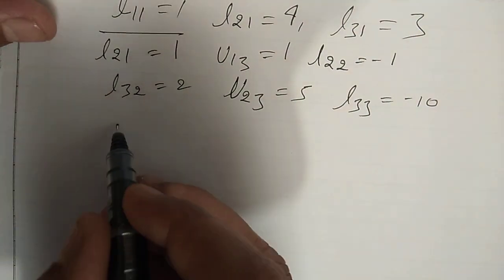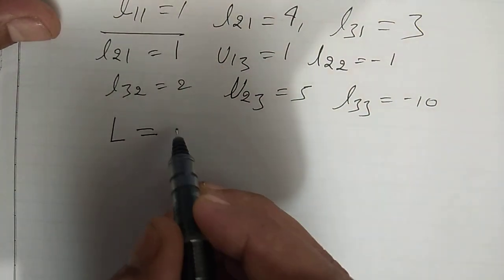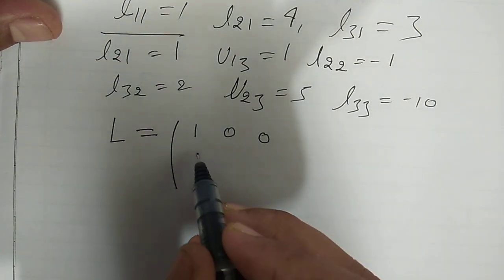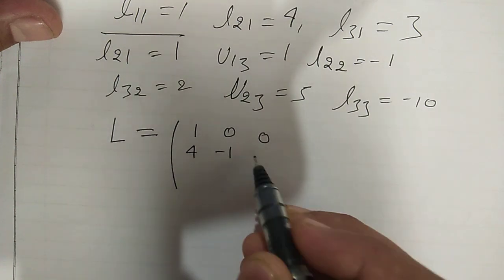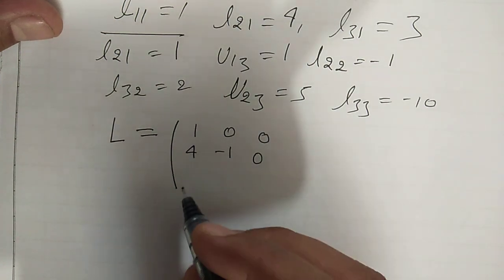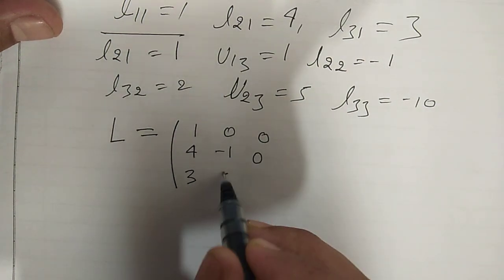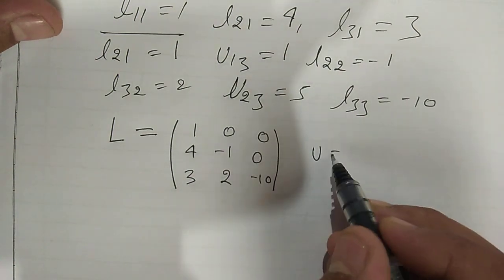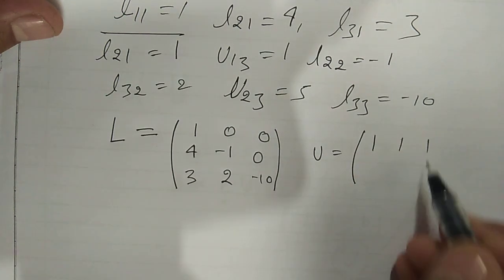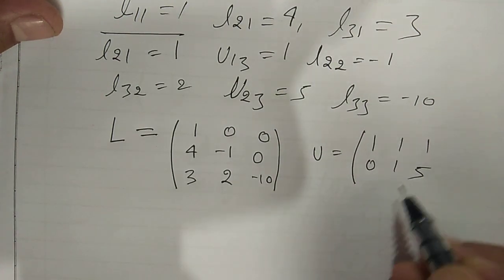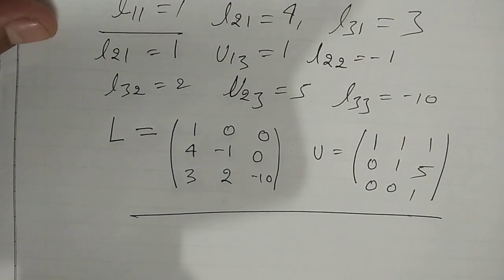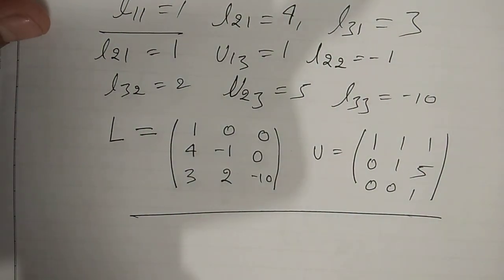Now your L matrix is 1, 0, 0, 4, -1, 0 and 3, 2, -10, and your U matrix is 1, 1, 1, 0, 1, 5, 0, 0, 1.